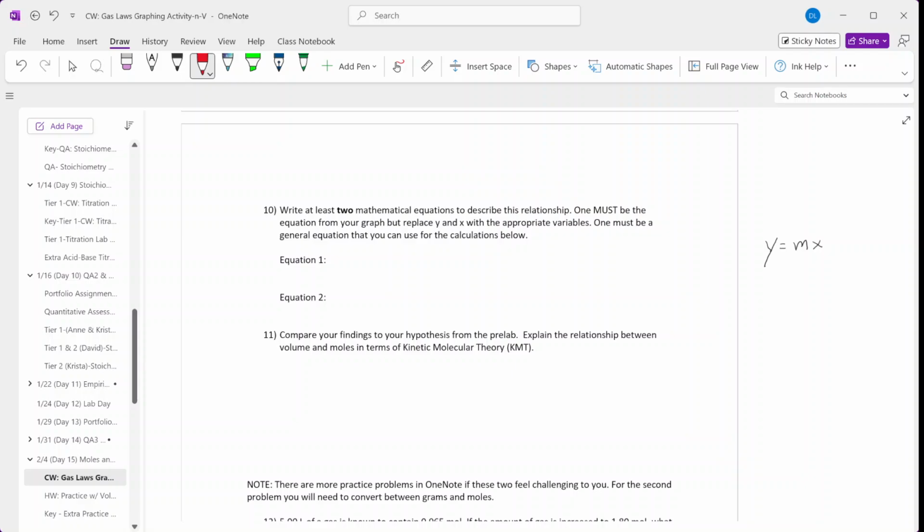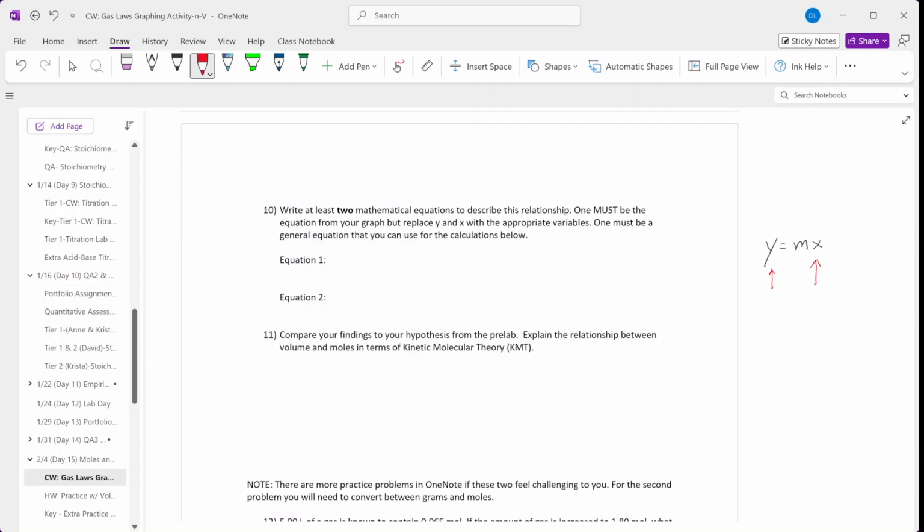So what you want to do here is, instead of writing your equation as y = mx + b, think about what is your y value and what is your x value on your plot. That is, what did you plot as x and what did you plot as y? I'm going to guide you a little bit here, but I'm hoping you realize that x is really the number of particles.